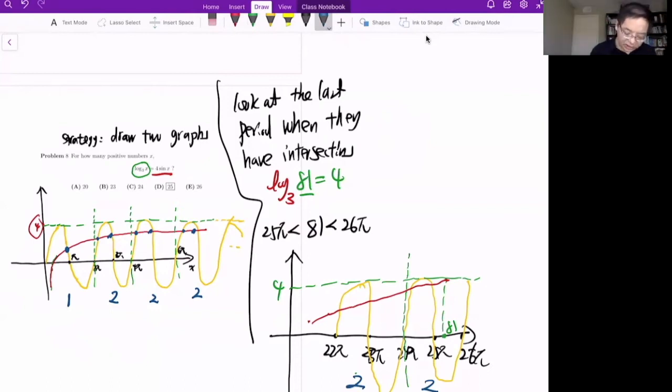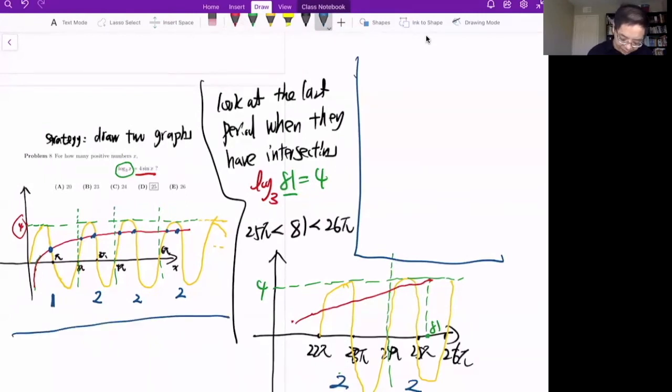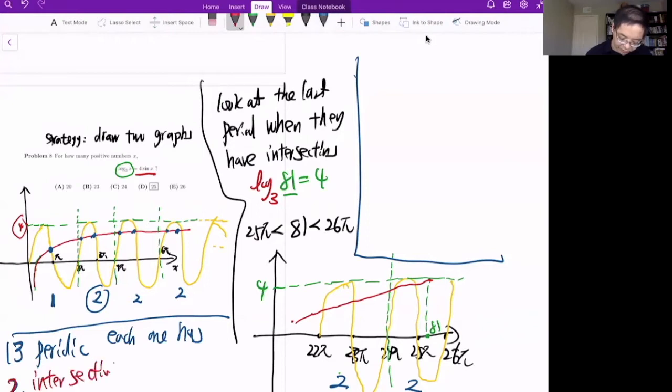But the first one has only 1 intersection, so we have to subtract 1. So the conclusion: 13 periods, each period has 2 intersections, except the first one, which has only 1 intersection.